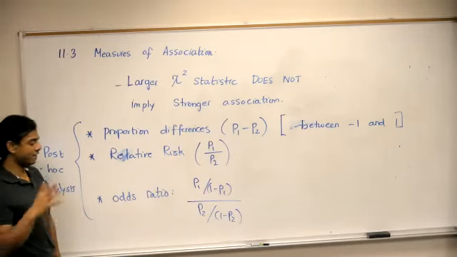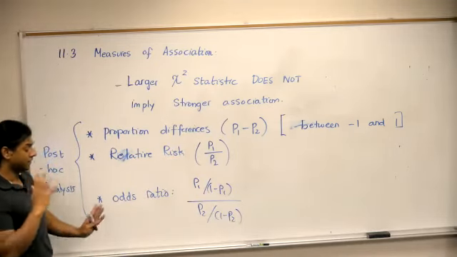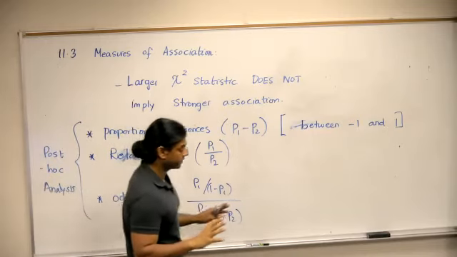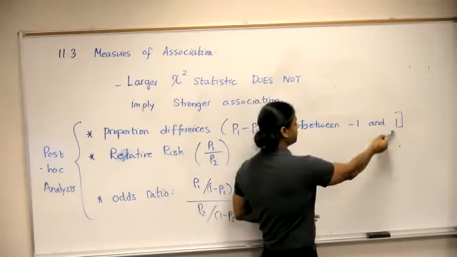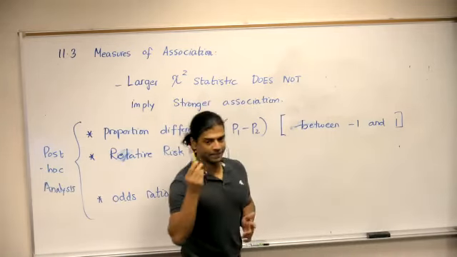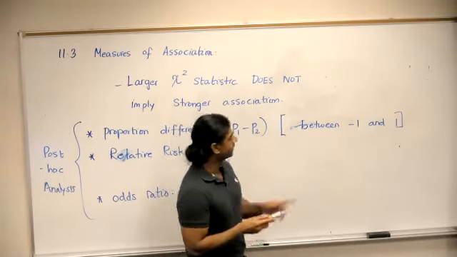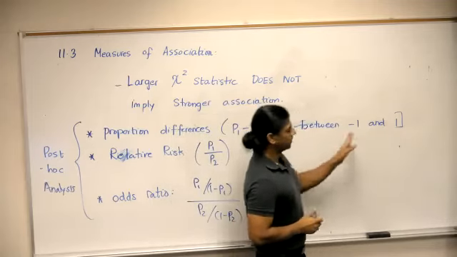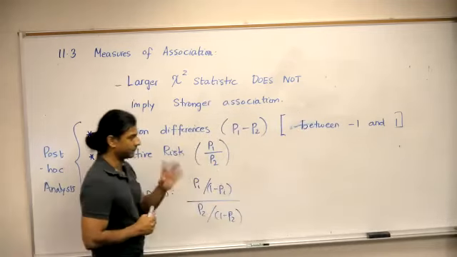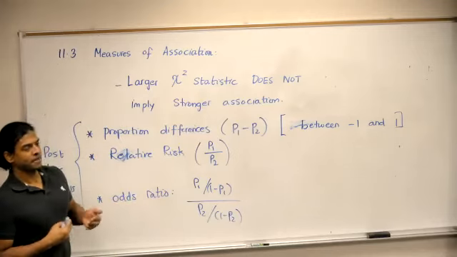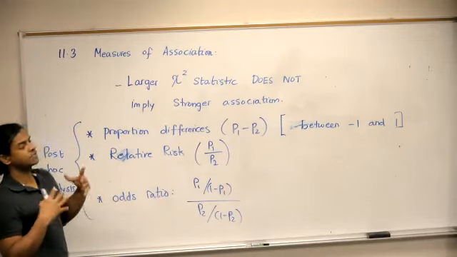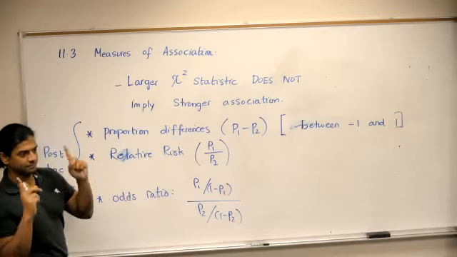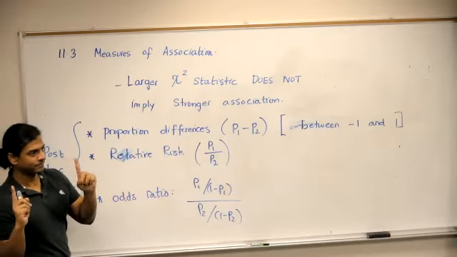Theoretically speaking, if you have the strongest association possible, then you would get either 1 or -1. In practice, it will never happen. You can get closer to 1 or closer to -1. So the closer you are to 1 or -1, the stronger the association.